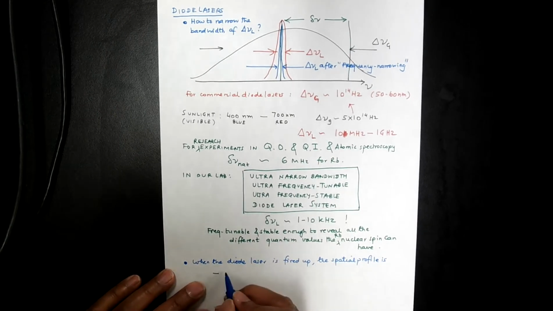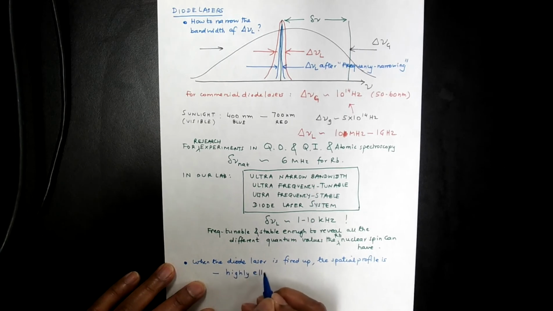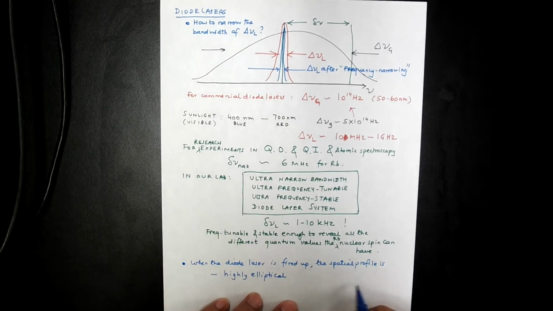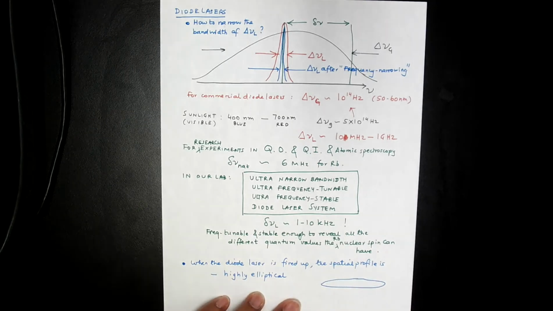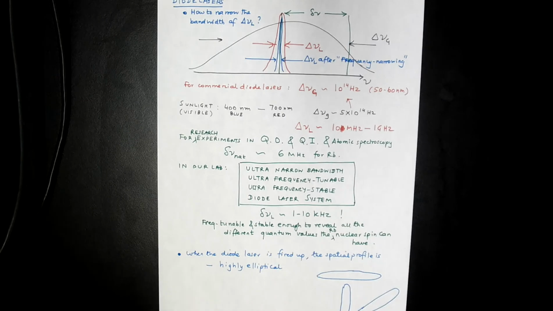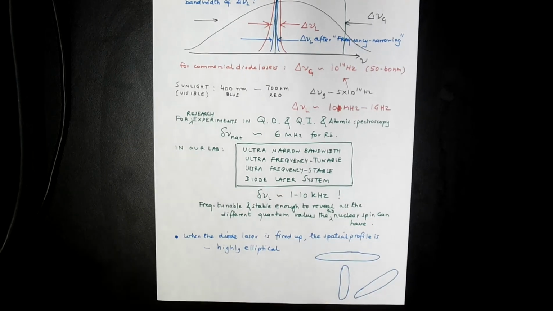It's highly elliptical. So the beam would look something like, for example, if I were to draw it, it could have any orientation, but let me just draw the ellipse like this. It might look like this, or like that, any orientation, but it's highly elliptical.